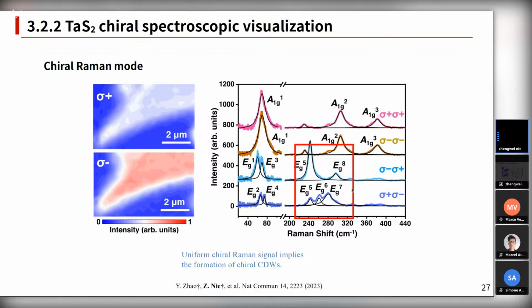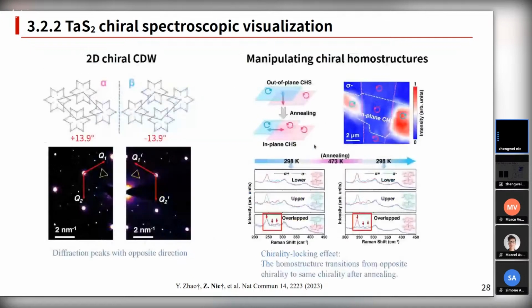This is my collaboration work with experimentalists. My collaborators used chiral Raman spectroscopy to characterize the TaS2 charge density wave phase. They found some chiral signals. It implies that this charge density wave is chiral.